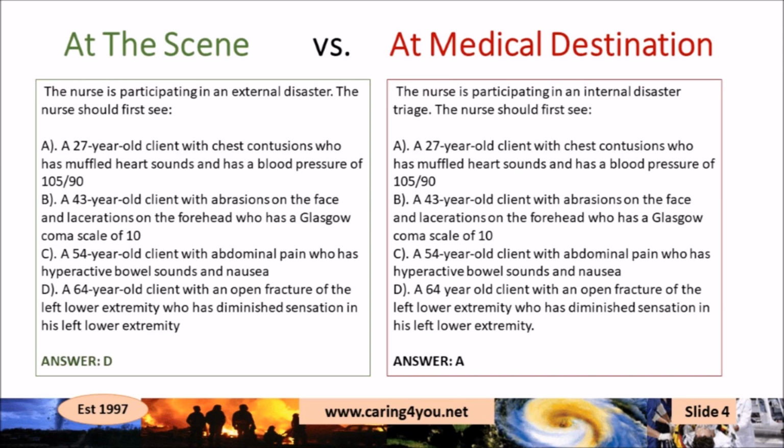But anyway, let's look at a question. If you have your practice questions in front of you, we will be looking at question 2 for an at the scene example, and question 15 for an internal disaster, at your medical destination example.